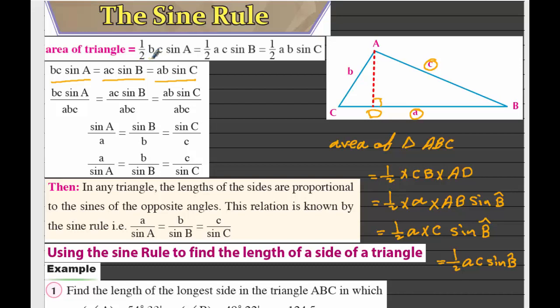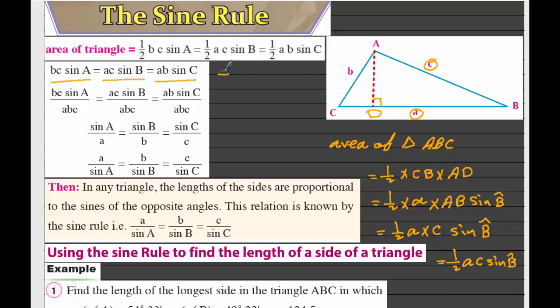So multiplying by 2, we get BC sine A. Multiplying the second term by 2, we get AC sine B. Multiplying the third term by 2, we get AB sine C. So we can write BC sine A equals AC sine B equals AB sine C.